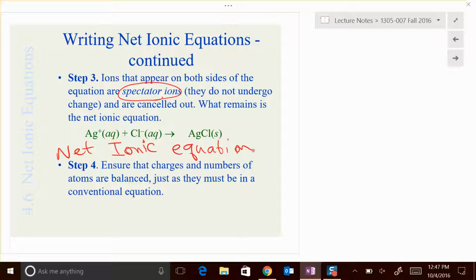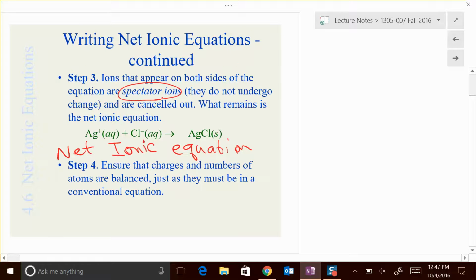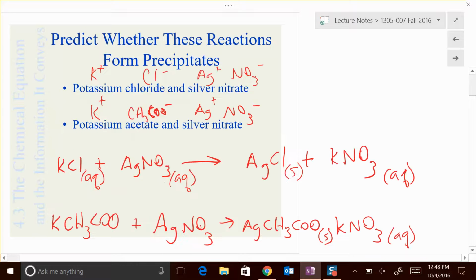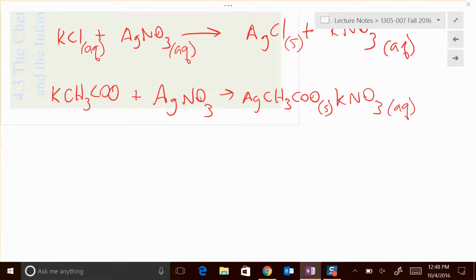And make sure it's balanced. All right, that's the last step. Okay, so that's how we would write a net ionic equation. Let's go ahead and write net ionic equations for these two things. Let's first write the ionic equation for potassium chloride plus silver nitrate.